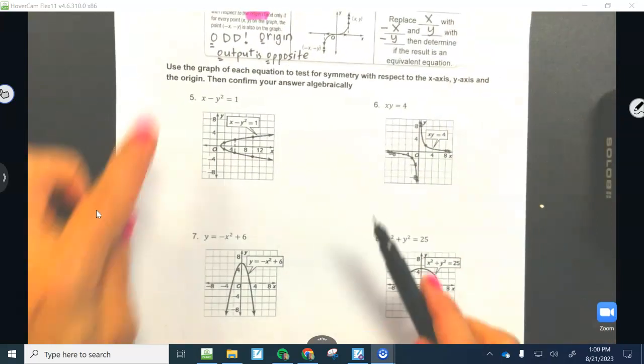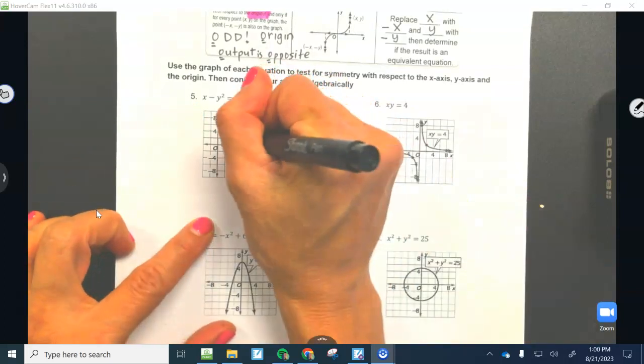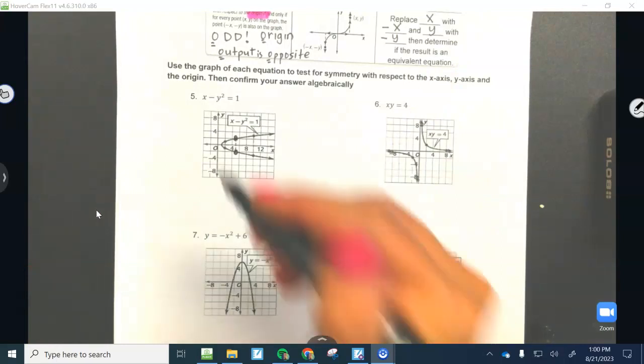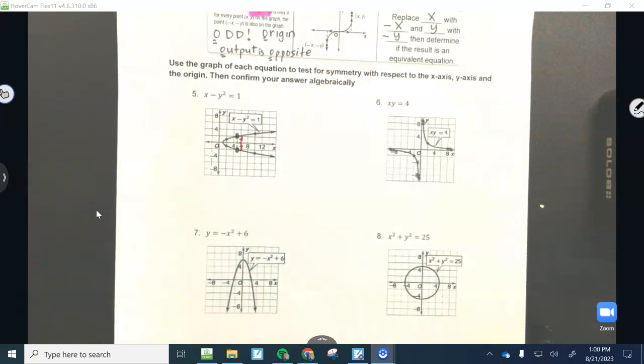All right, look, y'all. Let's look at problem number 5. Problem number 5 is symmetrical to the x-axis. That distance is equal. Those are two equal. Is that a function? Would that pass the vertical line test? No. Y'all, look at the exponent on y.